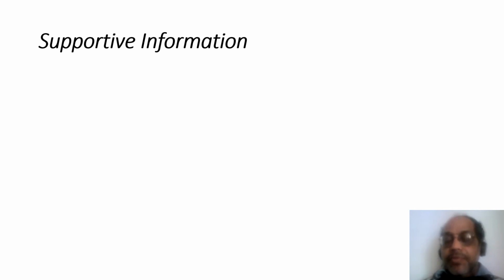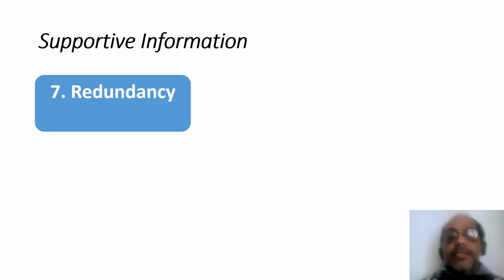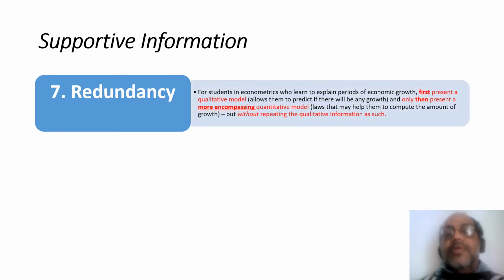So, to give you some of those ideas, when it comes to redundancy, what would happen is that you start with a qualitative model. So oftentimes students want to move from their own experience. So they will then use qualitative models to predict if there'd be any growth, etc., based on their own experience, based on their own opinion.